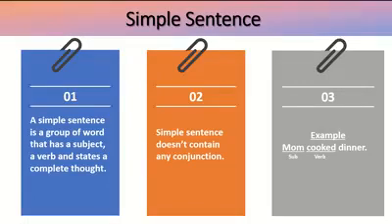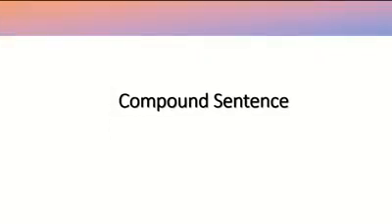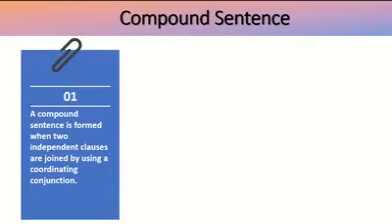Let us discuss compound sentence. At first, I give a definition of a compound sentence. A compound sentence is formed when two independent clauses are joined by using a coordinating conjunction.